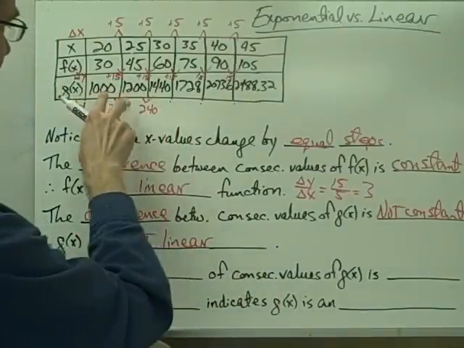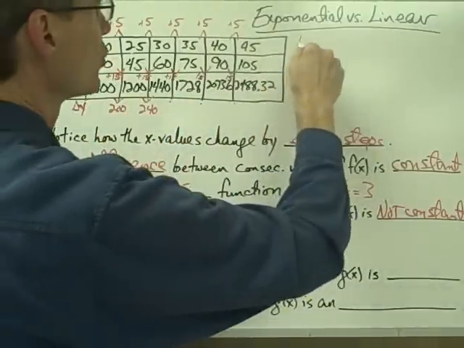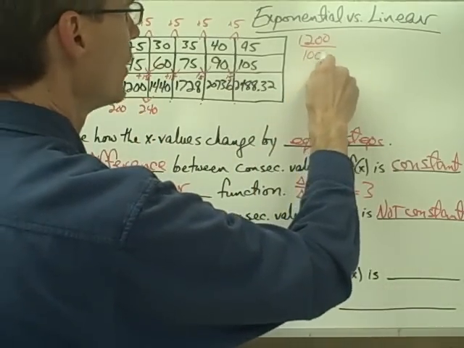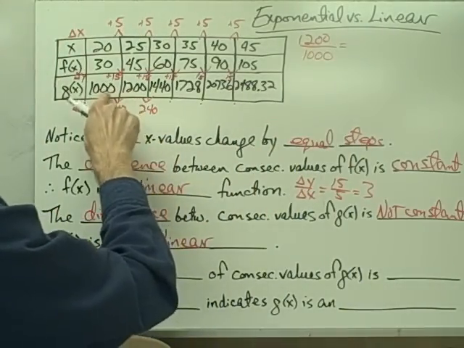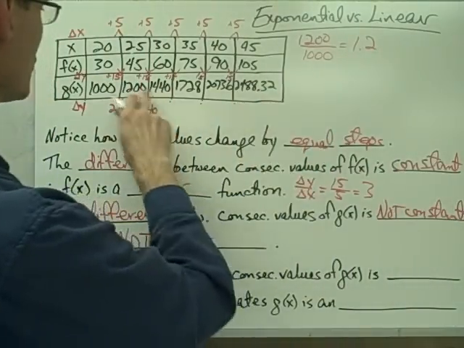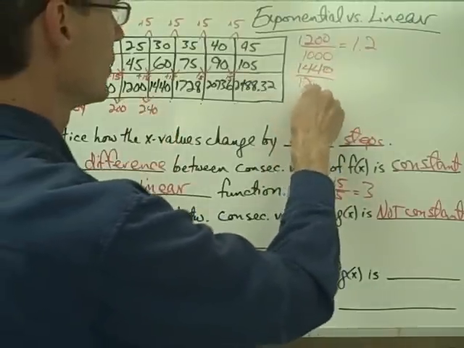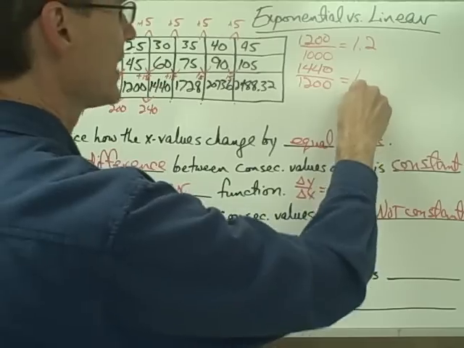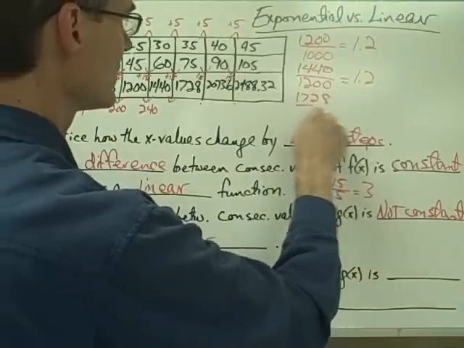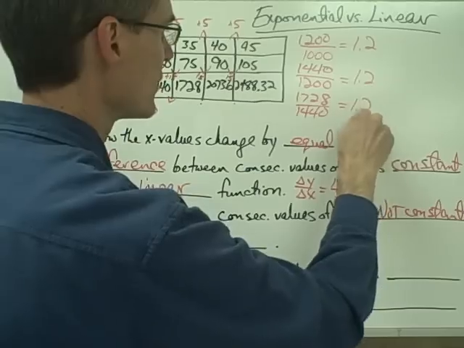But let's take a look at not the differences between these consecutive y values, but the ratio. Notice that if I say 1200 divided by 1000, the ratio between these two consecutive y values, I get 1.2. If I take the ratio between the next two consecutive y values, 1440 over 1200, that is also 1.2. If I take the ratio between 1728 and 1440, that ratio is also 1.2.